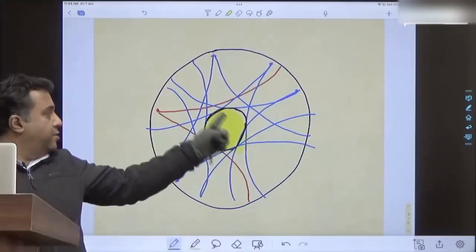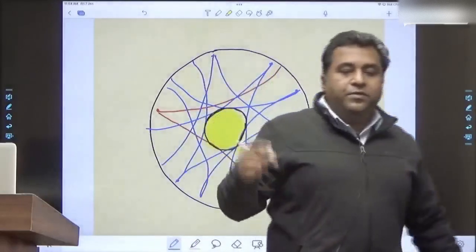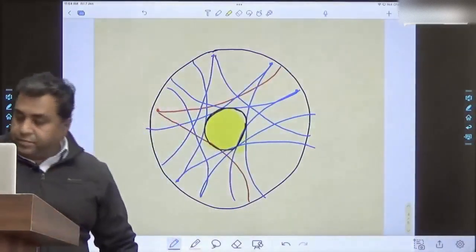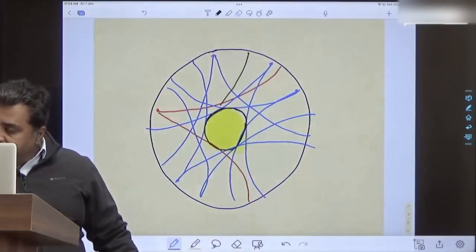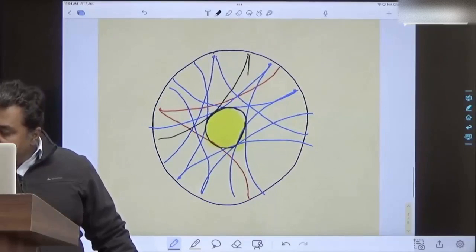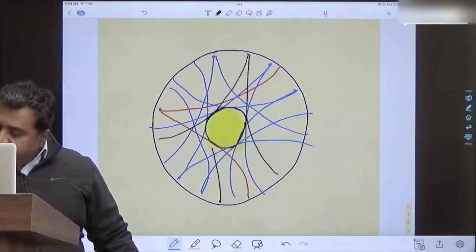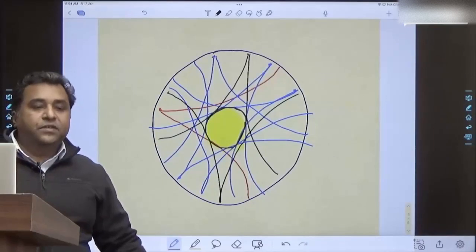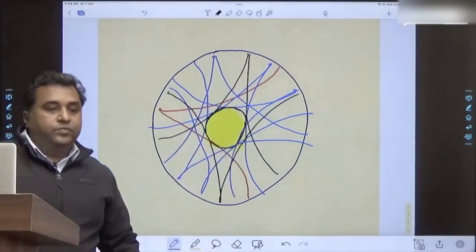I can go on drawing n number of earthquakes. Whichever earthquake I take, I find that there is always a central region through which the S waves are not able to pass through.